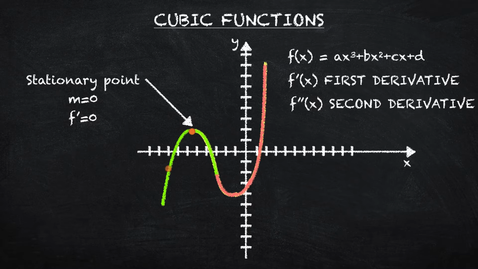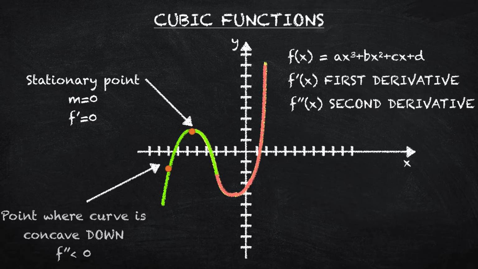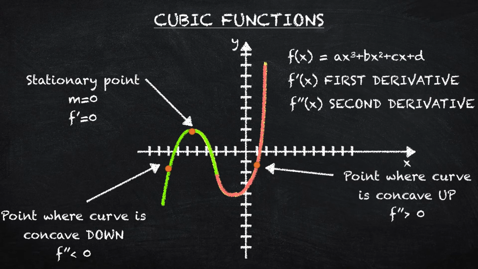Now let's take a point that is located where the curve is green. This point is a point where the curve is concave down, and if I compute the second derivative of the function f at this point, I will find a negative value. If I take a point where the curve is concave up and compute the second derivative of the function at this point, I will find it is positive.